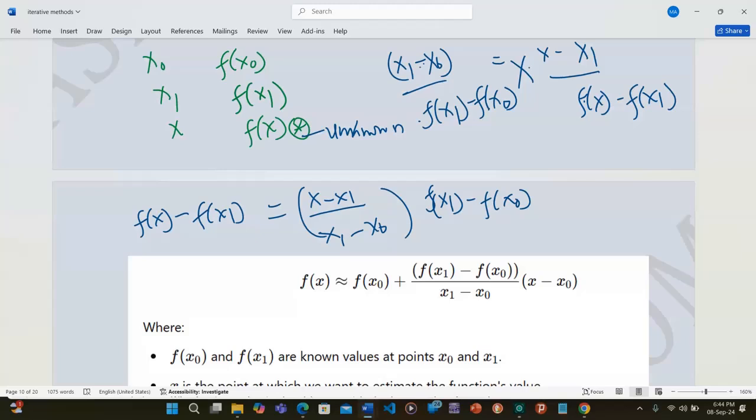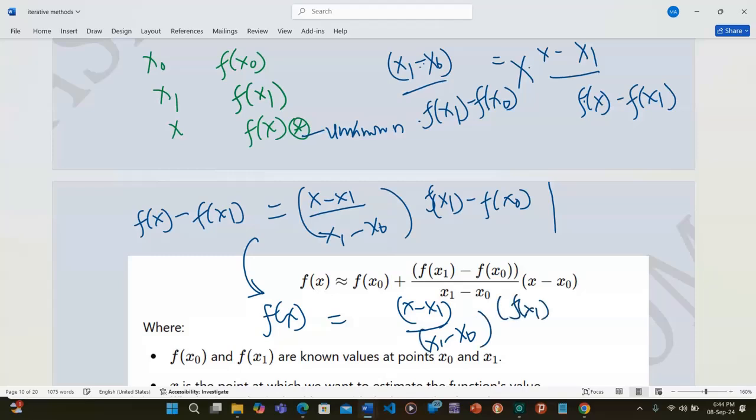So I can say my f of x will equal to this value plus f of x1. So f of x will be x minus x1 divided by x1 minus x0, into f of x1 minus f of x0, then plus f of x1.